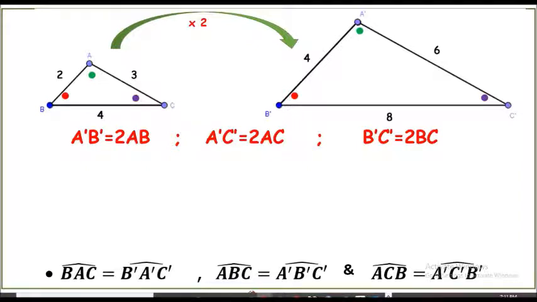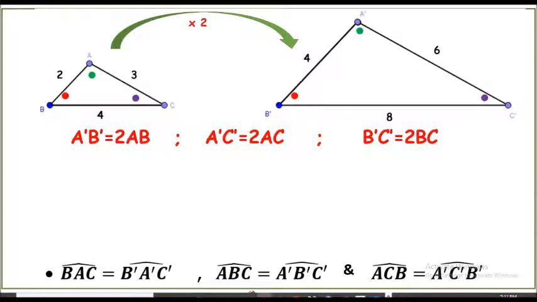At last, B'C', I will get its length by multiplying BC by 2, which is 4 times 2, equal to 8 cm.